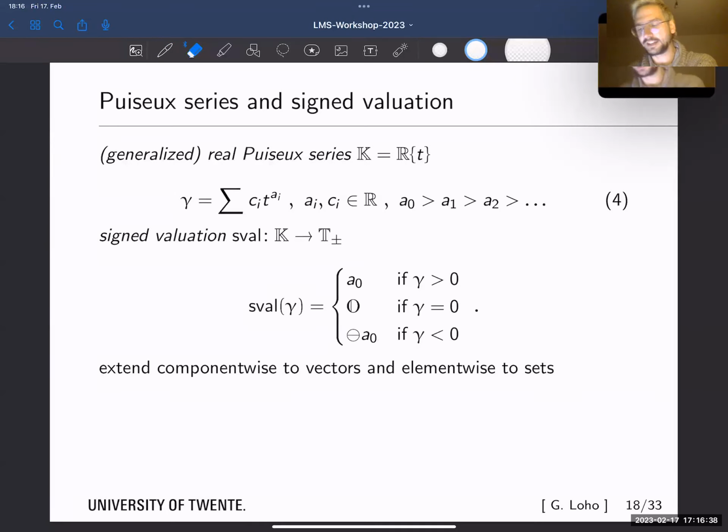Now I want to extend the valuation, which is used for tropicalizing, to a signed valuation, which really takes into account the sign of the leading coefficient.